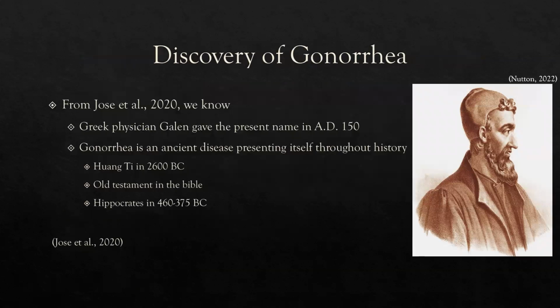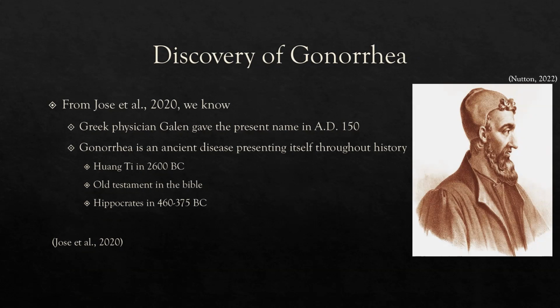The discovery or the origin of gonorrhea has a lot of history to it. The term gonorrhea was coined by the Greek physician Galen, pictured here, in AD 150, but occurrences of gonorrhea go all the way back to Chinese Emperor Huangdi in 2600 BC, as he mentions it in his textbook.